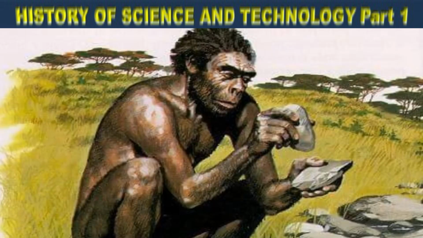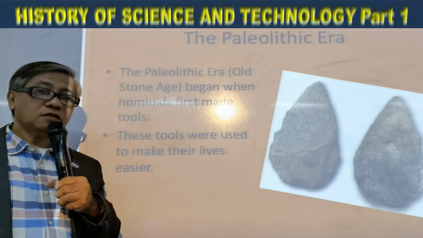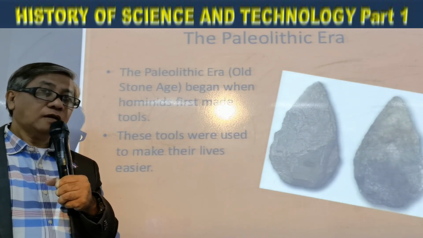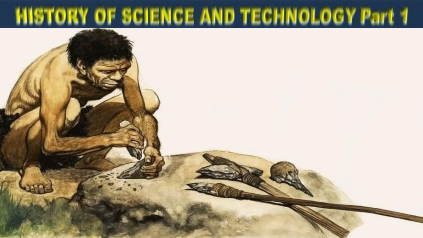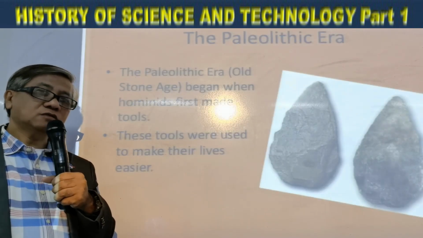So the people gave us the first stone tools. The Paleolithic era began when our ancestors first made stone tools, and these tools were used to make their lives easier.